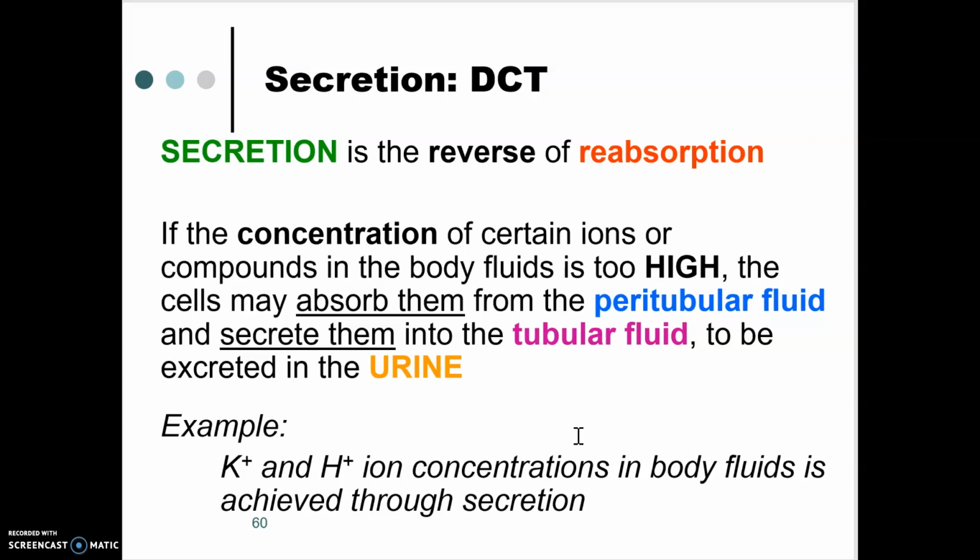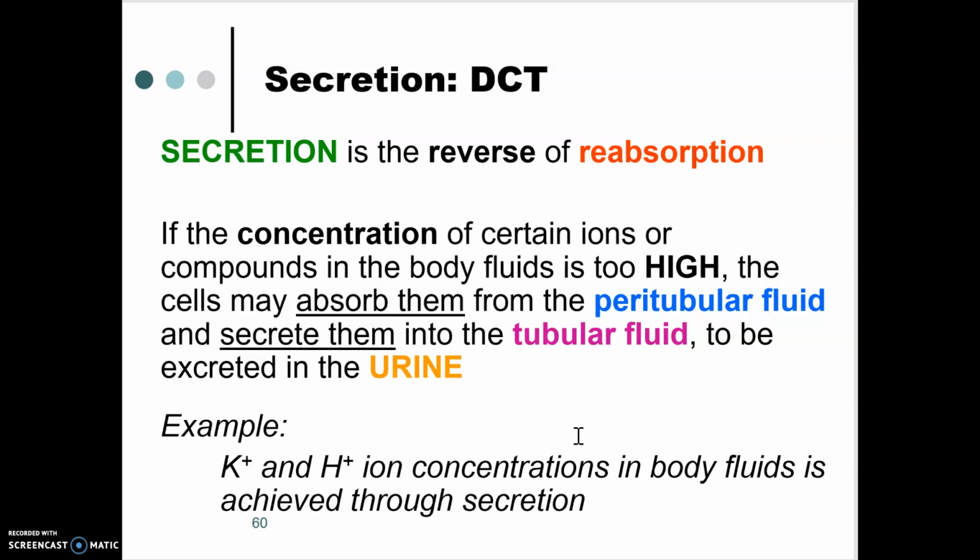That generally happens when we have ions or compounds in our body fluids at too high a concentration. If you've ever taken a multivitamin, some of those multivitamins can have 1,000% of the vitamin B that you need for a normal healthy metabolism. Your body recognizes that, and at the kidneys, that extra vitamin B is secreted from the peritubular fluid into the nephron, and then it's excreted through the urine.